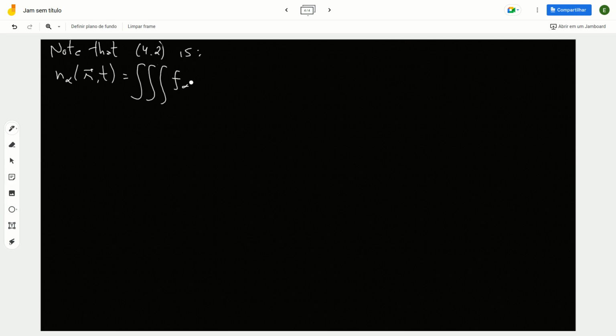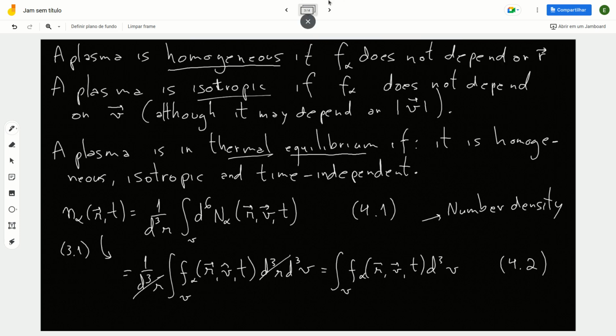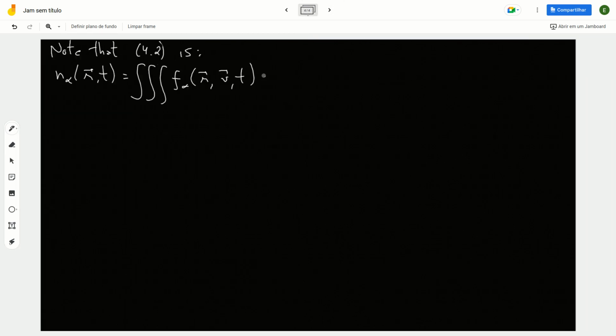So the integral in v is the triple integral for f of r, v, t times d3v, dvx, dvy, dvz. And what are the limits of the integration? Usually we'll use the limits from minus infinity to plus infinity.